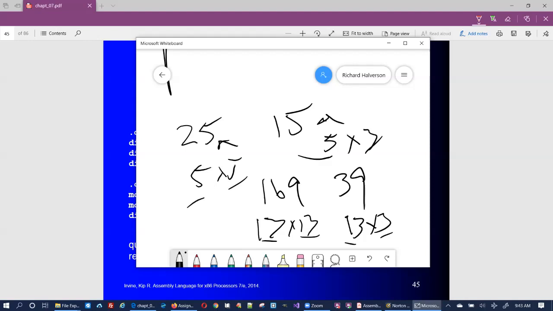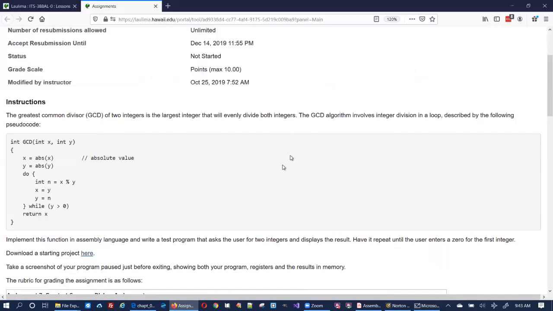But anyway, this is an algorithm which allows you to figure that out. And the way we do it is we continually take the mod. So we start with X and Y, like 25 and 15, and we take 25 mod 15, and we get an N, and that's the result.